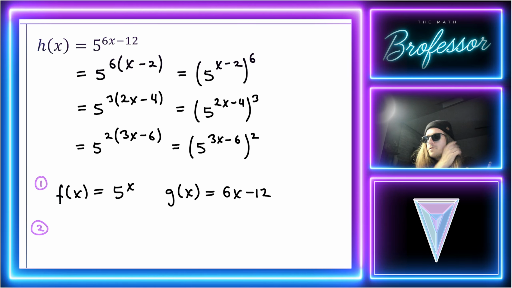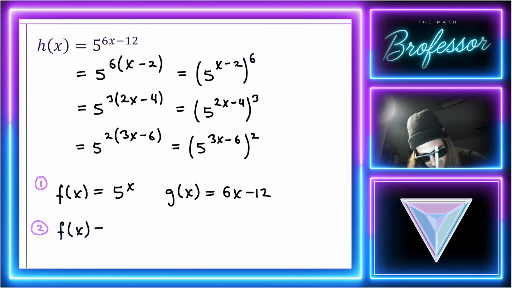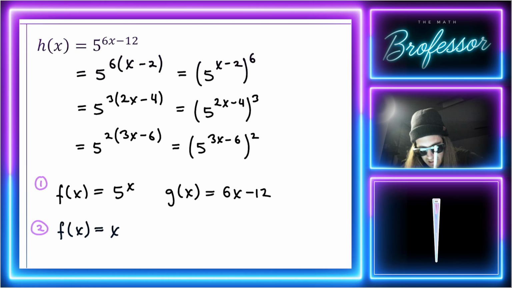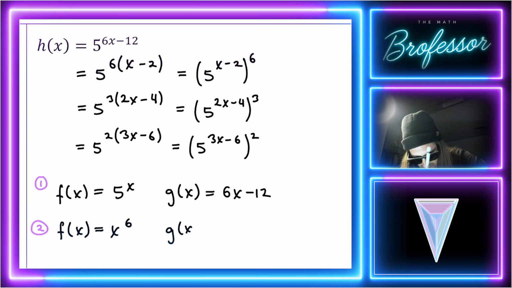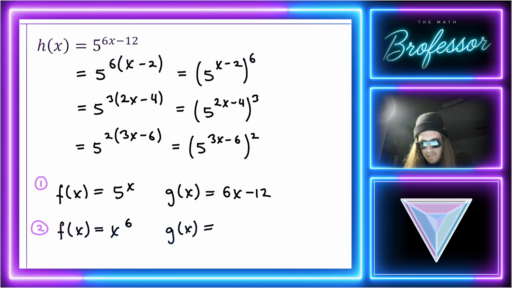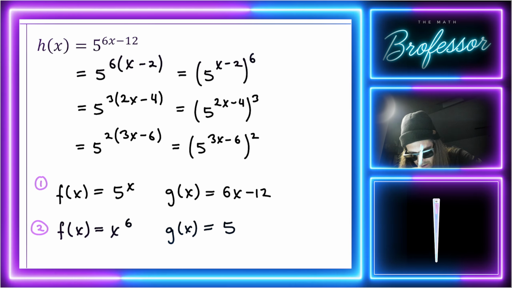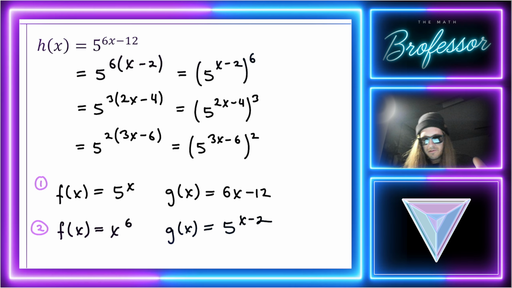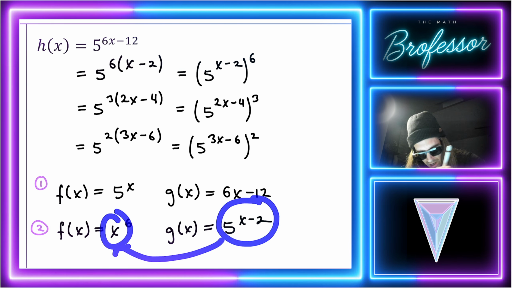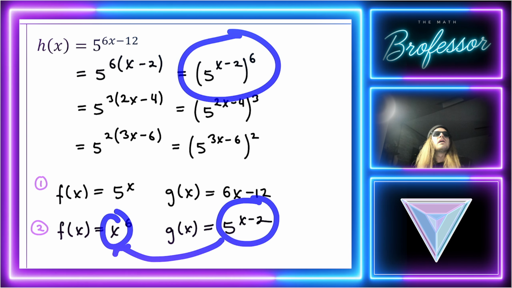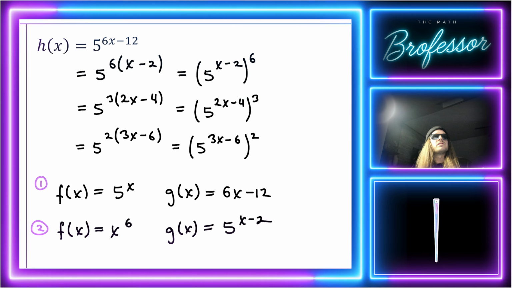I could do f of x equals x to the 6th power. So now I'm doing it like this. And that means g of x would have to be 5 to the x minus 2. So if I were to stick this into there, I would get this. That's another possibility.